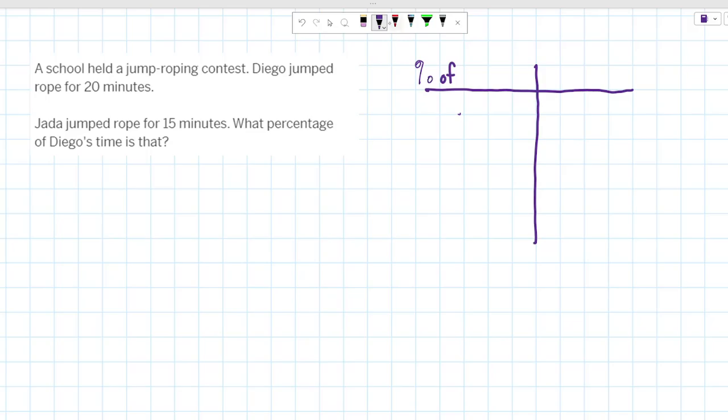So percentage of Diego's time, and the minutes. So 100% of Diego's time would be 20 minutes, and we're wondering what 15 minutes would be.